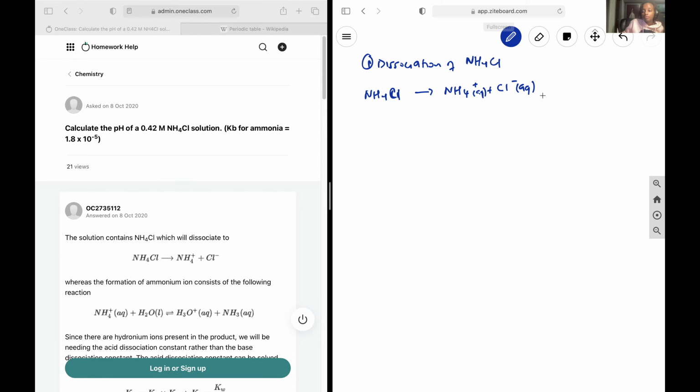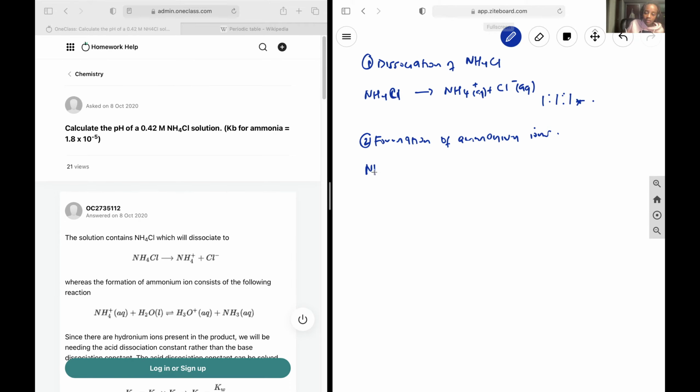Okay, and so, of course, here we're going to have a 1 to 1 to 1 ratio that we just need to know. Next up, we need to account for the formation of ammonium ions. And this is just through Bronsted-Lowry, the reaction that represents it.